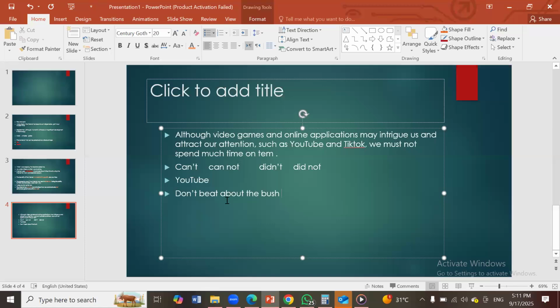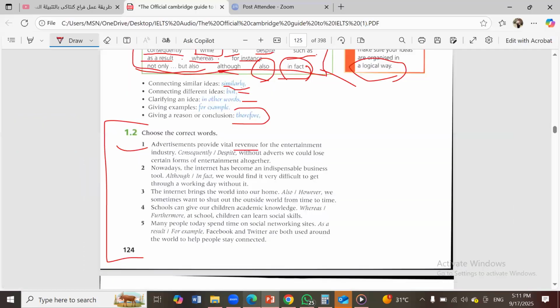Oh, it's an idiom, I think, right? Yes, don't beat about the bush. It's a type of figurative language. Be straight. Don't beat about the bush.